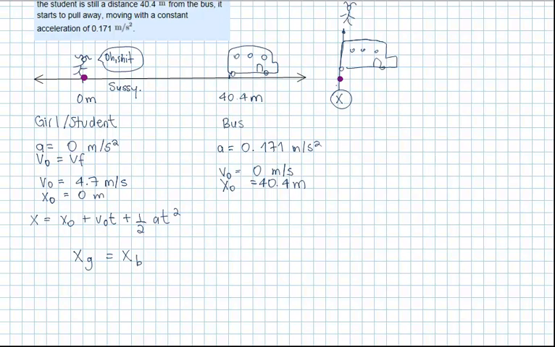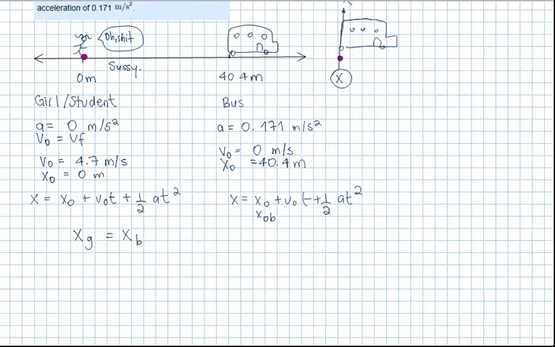And by final, it's not that the world is ending for them at that moment, it's just that our reference point is equal. We can use the same equation for the bus, nothing changes.